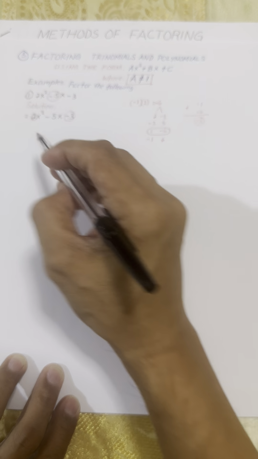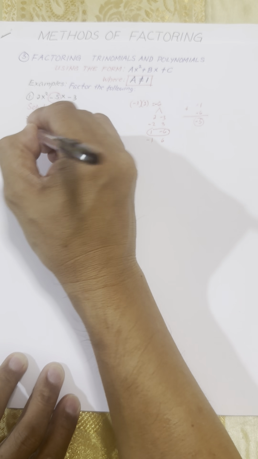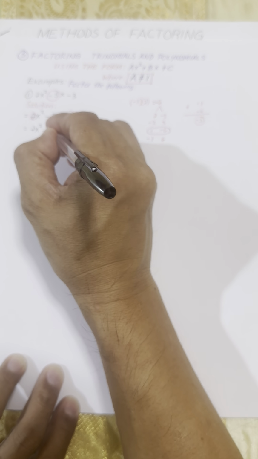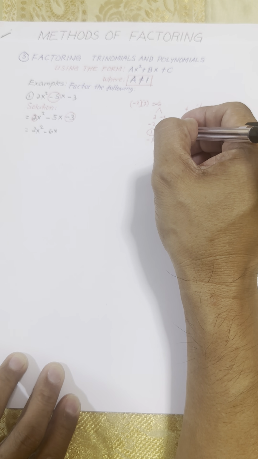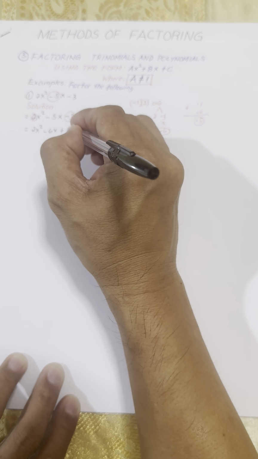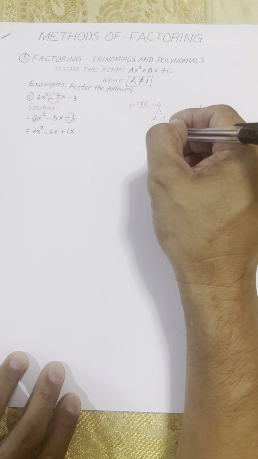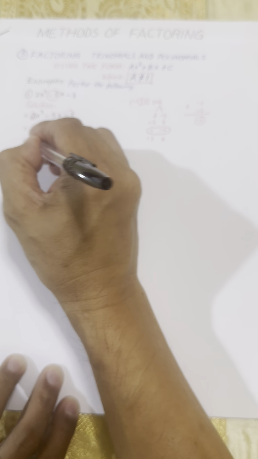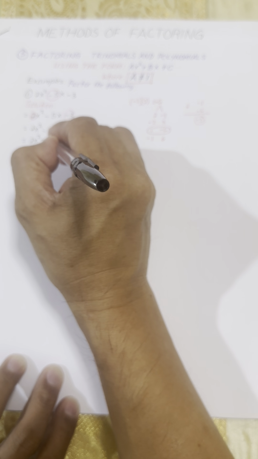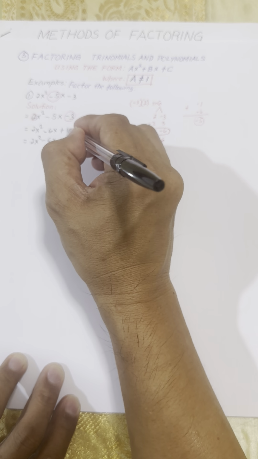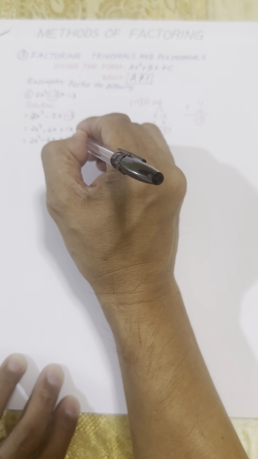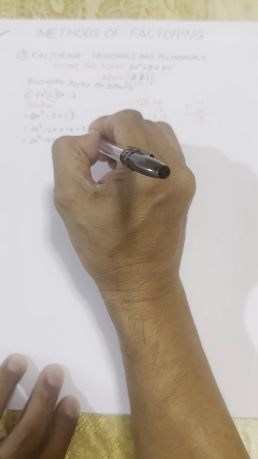So therefore, we can rewrite this as 2x squared, then minus 6x, then plus 1x, and then we have minus 3, and then we'll group them. 2x squared minus 6x plus 1x minus 3. The term 1x can be written as 1 times x, and the minus 3 can be written as minus 1 times 3.